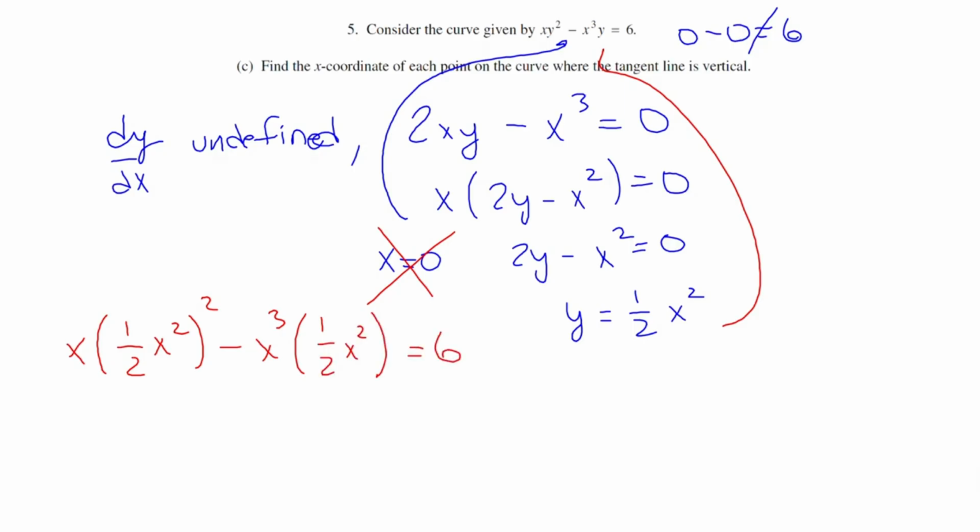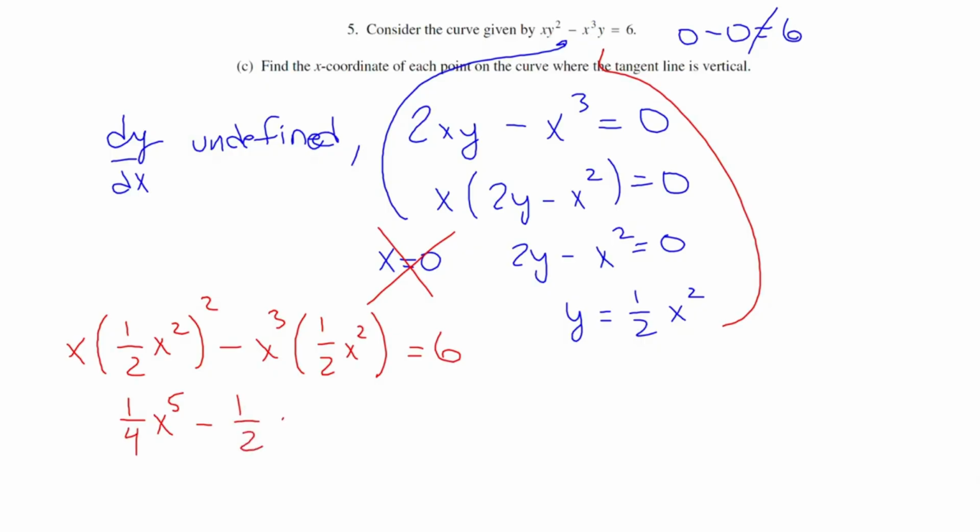And so we'll multiply all this stuff out. This first one is not 1/2 x to the 5th. We forgot to square the 1/2 part. It's 1/4 x to the 5th.